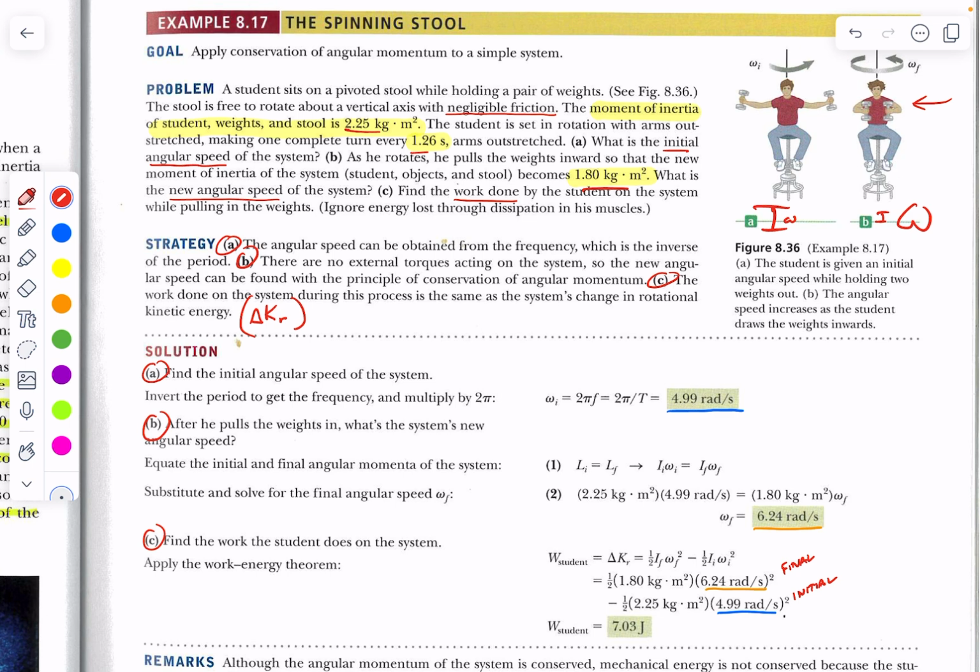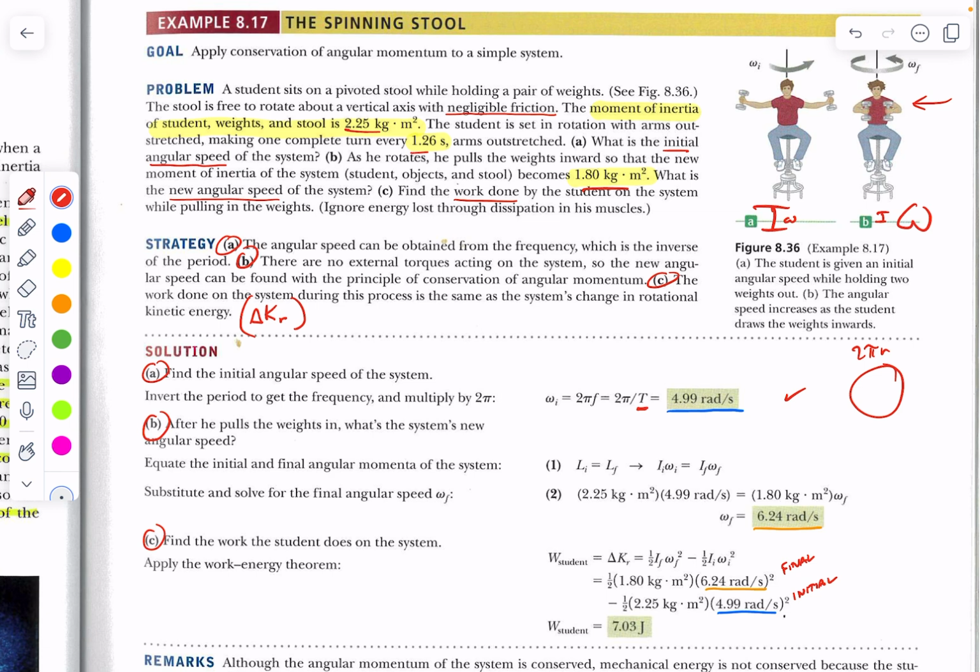We are trying to find the initial angular speed, the final angular speed, and letter C, what work is being done going from part A to part B. So finding the angular velocity is not too difficult, because when you go in a circle, you have 2 pi radians in one circle, and you're going to divide it by the time that it takes to go around one complete rotation.